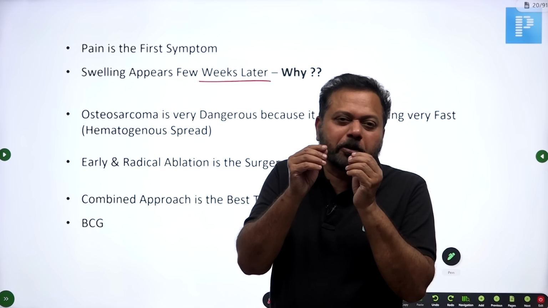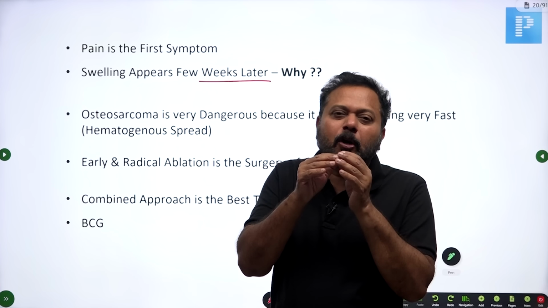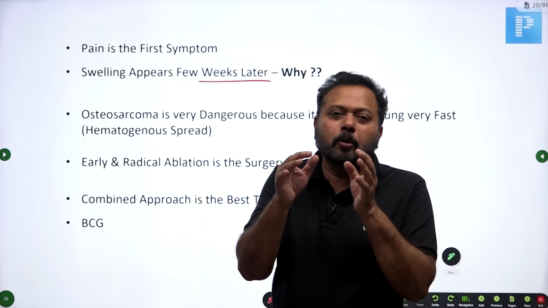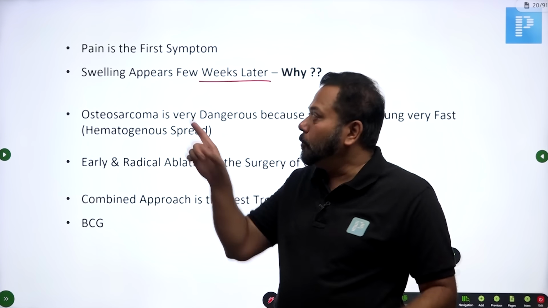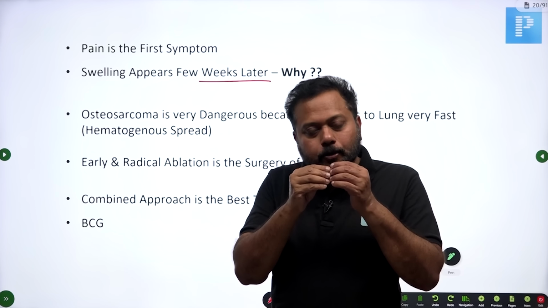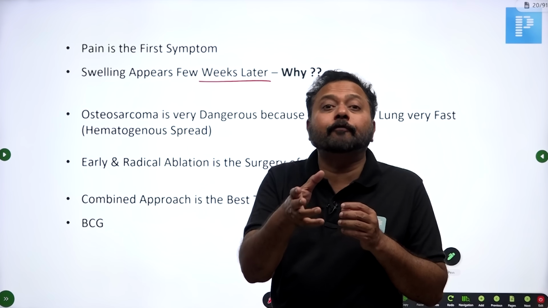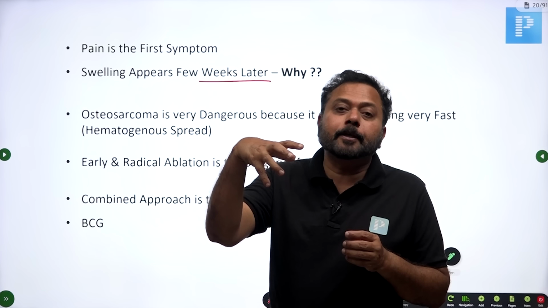So the periosteum is stretched. Periosteum contains a lot of free nerve endings, so it causes intense pain. So pain is the first symptom. When swelling happens, the tumor has to break open the periosteum and spread into the soft tissue. Then only can you appreciate the swelling.